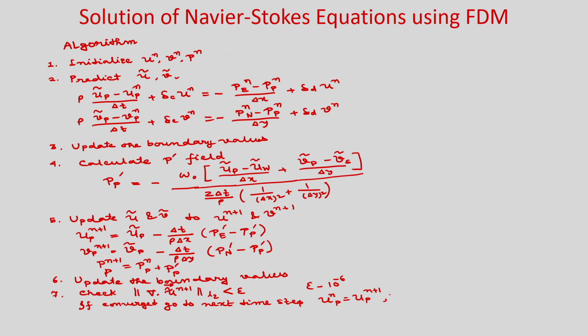This is now the initial guess, like whatever you used at t is equal to 0. For the next time step, this is the value you will use, and similarly for v and p_P^n as p_P^(n+1).